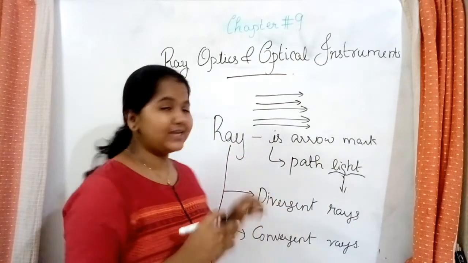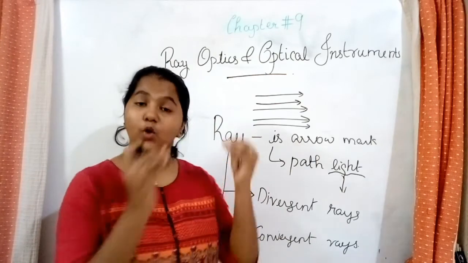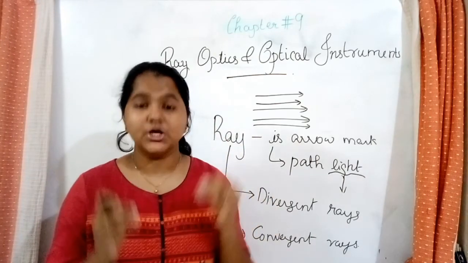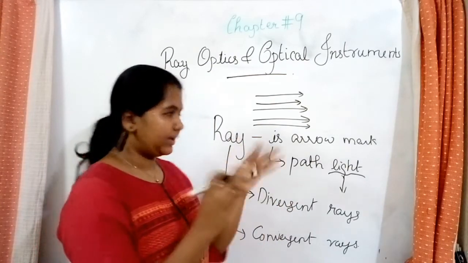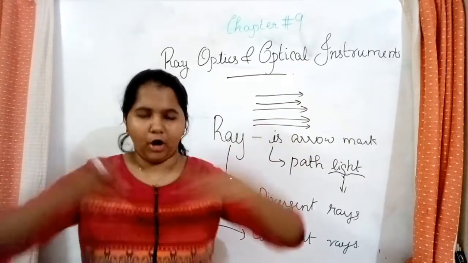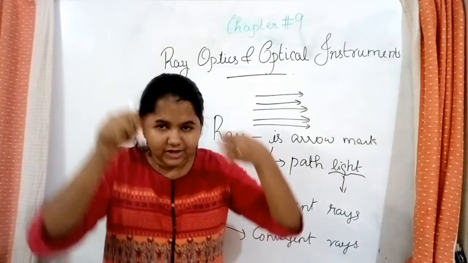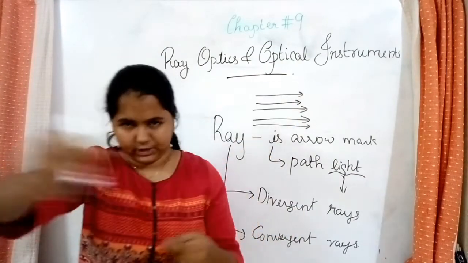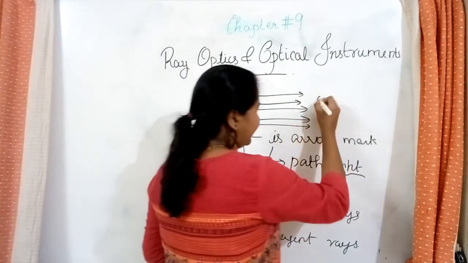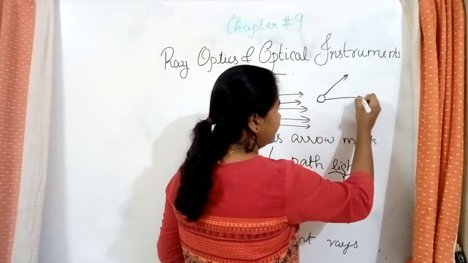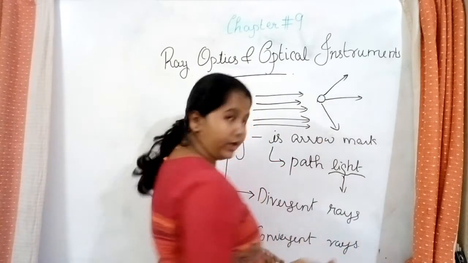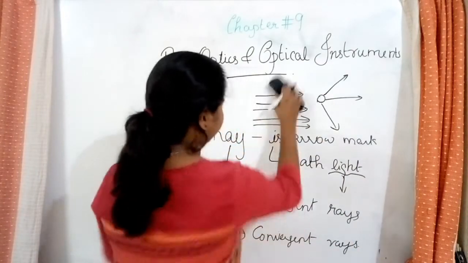So, divergent rays are rays that either originate from a single point or seem to originate from a single point. You diverge from this position to all four directions. So, what is a diverging ray?